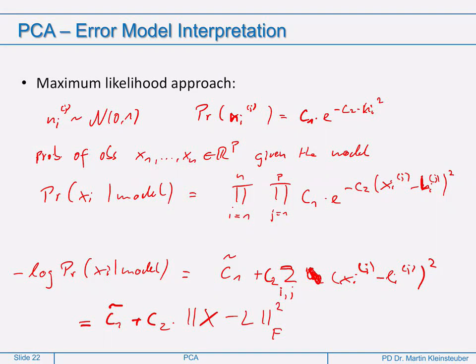So if we want to find the best parameters that explain our observations, we have to minimize. So we want to maximize the probability or minimize the negative log likelihood.